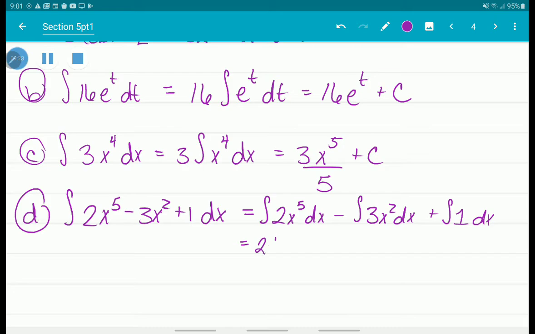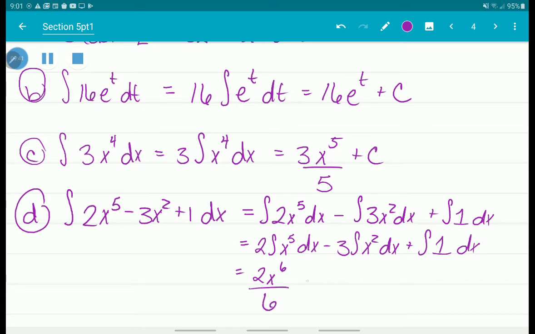You could think about pulling those constants out. So we're going to add 1 to the exponent, divide by the new exponent. Add 1 to the exponent, divide by the new exponent.